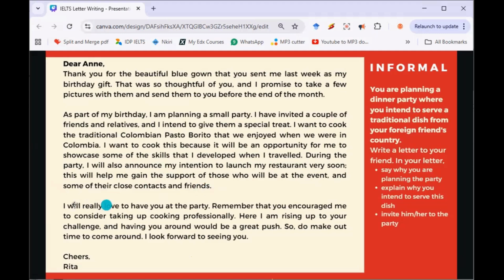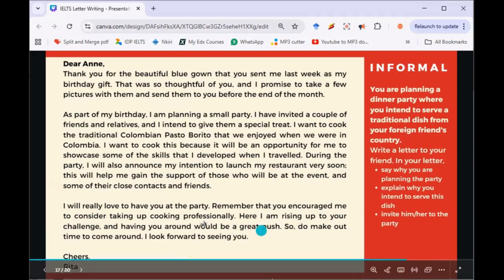Okay, next paragraph. I would really love to have you at the party. Remember that you encouraged me to consider taking up cooking professionally. Here I am rising up to your challenge and having you around would be a great push. What is he doing here? Bullet number 3, invite him or her to the party. So you see that? Here I am rising up to your challenge and having you around would be a great push.